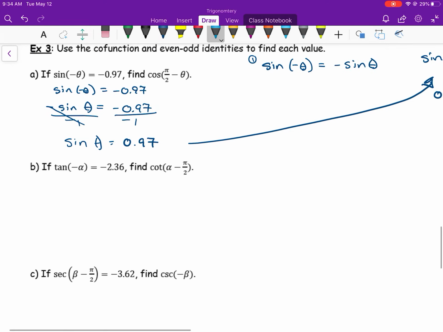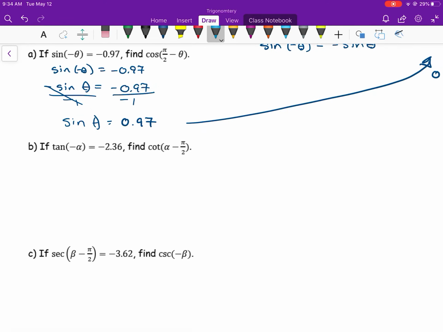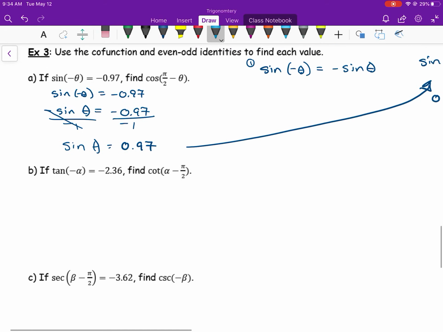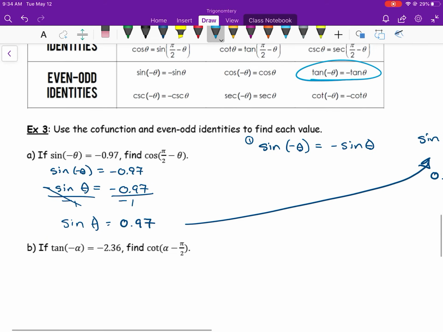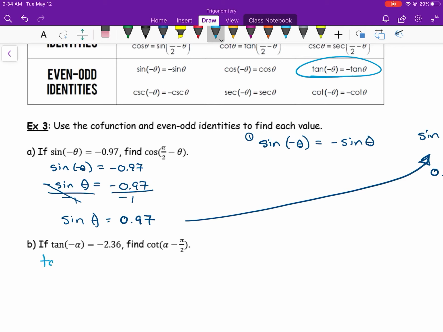Then we have example 3 part B. Using our rules, we have tangent of negative alpha is equal to negative 2.36. I'm going to look up here, see what I got for tangent. So tangent, even-odd: tangent of negative theta is equal to negative tangent of theta.